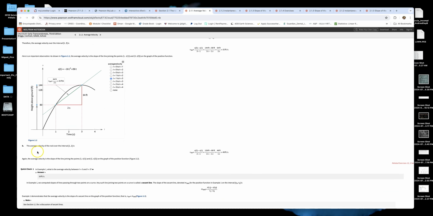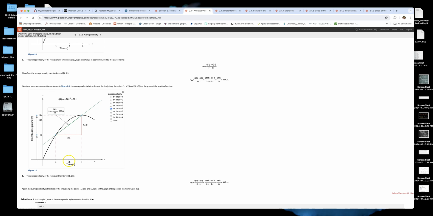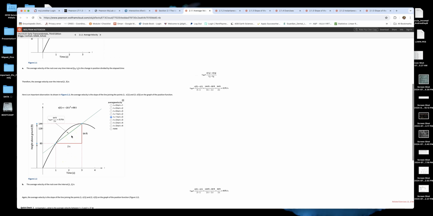Okay, and they say, well, try to compute the average velocity of the rod over the interval 1 and 2 seconds. So now, instead of between 1 and 3 seconds, I want to see what happened between 1 and 2 seconds. In 2 seconds, your position is going to be around here.